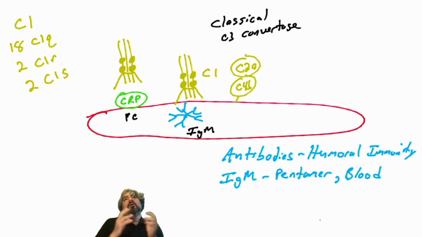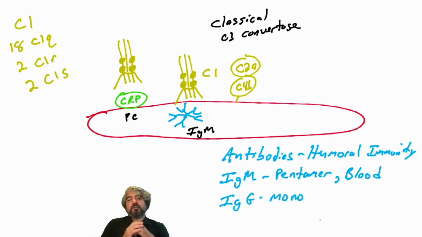It's going to activate the proteases C1r and C1s, which will cleave C2 and cleave C4, and you have the production of the classical C3 convertase on the surface of a pathogen. We've covered that in previous videos. So antibodies can be used to recognize a pathogen, and complement will come and activate on that pathogen.